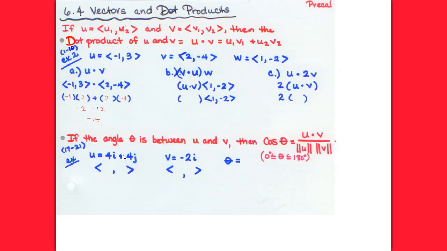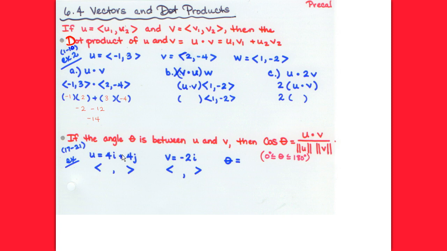The fourth one says that if you have a vector dotted with itself, it's just going to be its magnitude squared. And then number 5 says if you have a constant times a dot product, you really can do that in any order. Like you could do the constant times u and then dot it with v, or the constant times v and then dot it with u, or u dot v and then multiply by the constant. So just several different ways that we can change up our dot product.